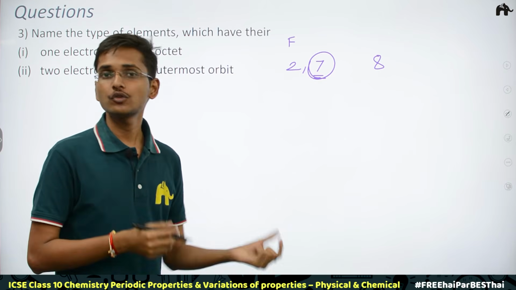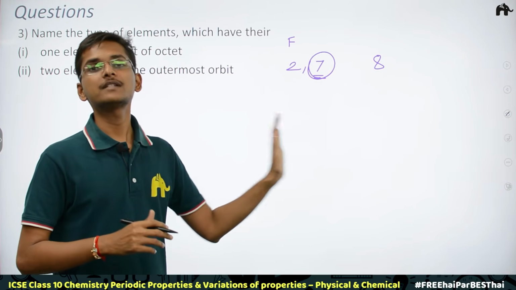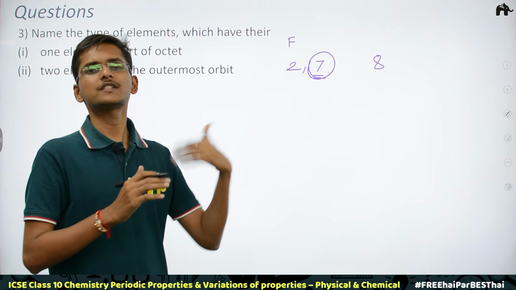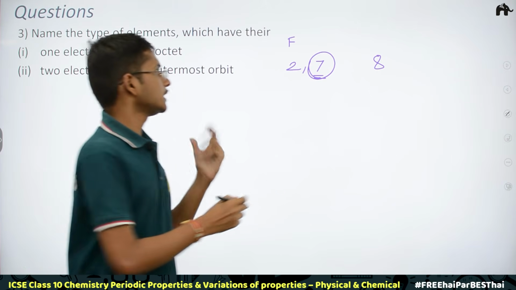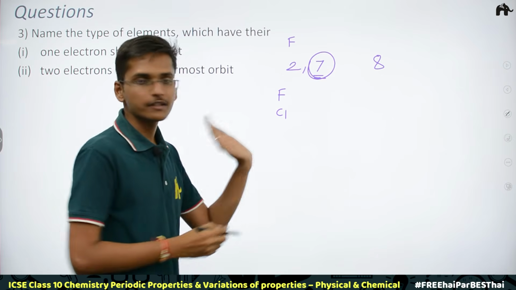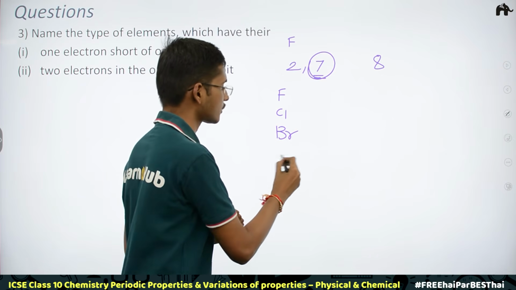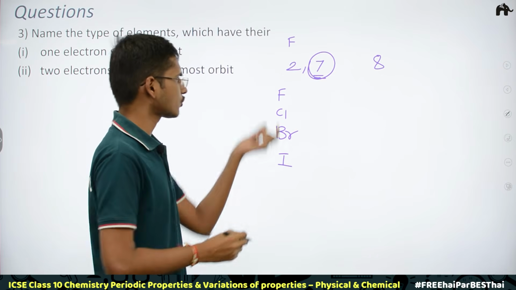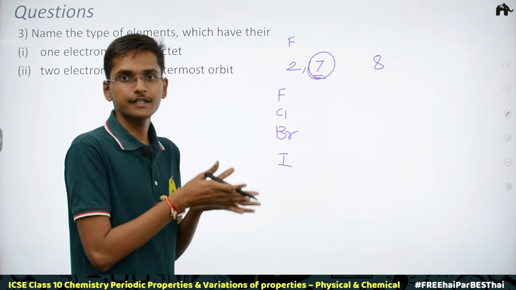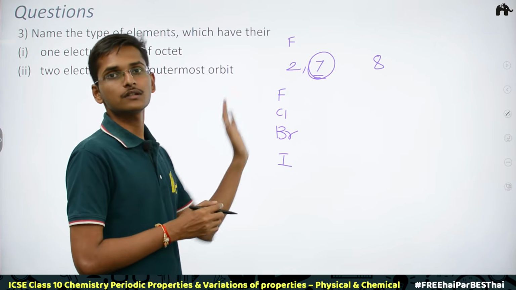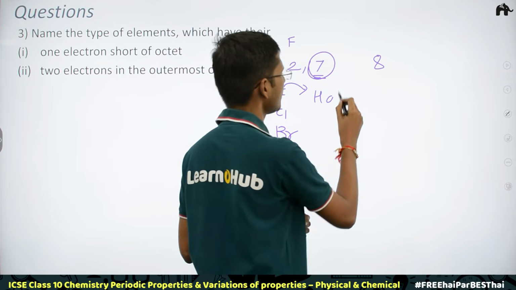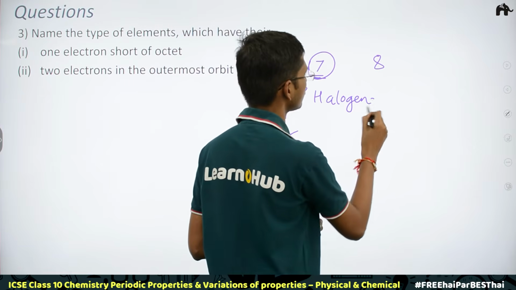Yes, because in the same group, all the elements have the same number of valence electrons. So just like fluorine, chlorine will also have 7 electrons, bromine will also have 7, iodine will also have 7. What is the name of this group of elements, which we have studied earlier? Group 17, but yes, it has a particular name, halogens. Yes, absolutely. So we got the answer, okay.